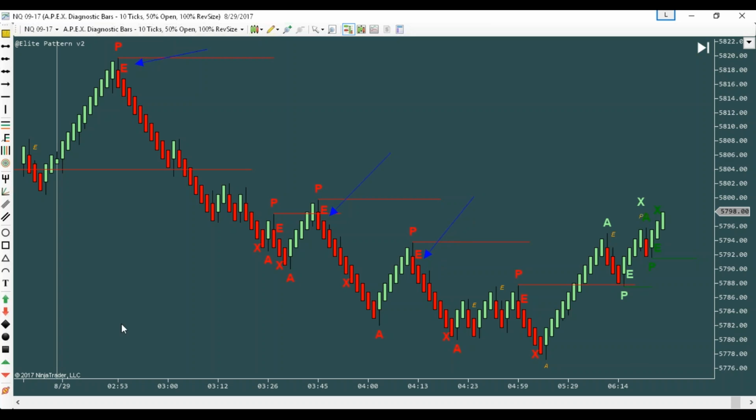Correct? We like those because of the room between the A and the P. Yes? Everybody understand that? What if we had MVP added to this chart and we had red MVP? We would like that even better, correct? Everybody agree?